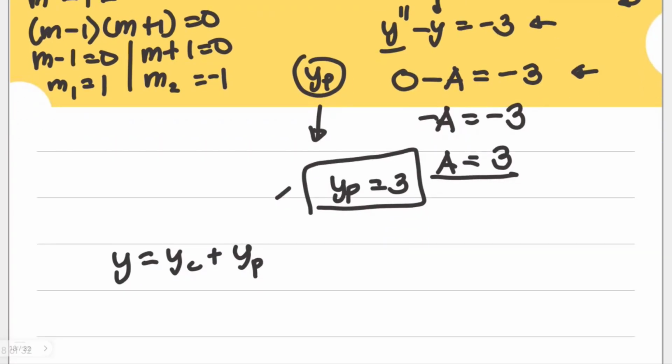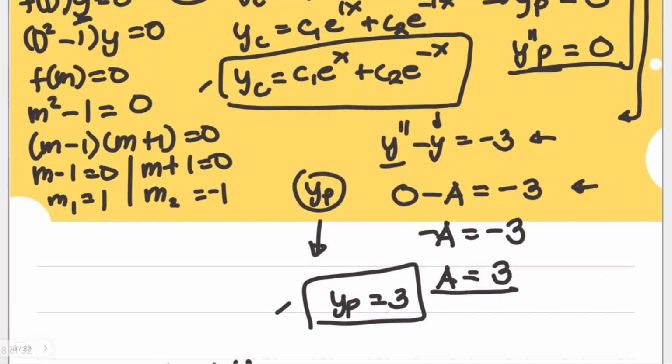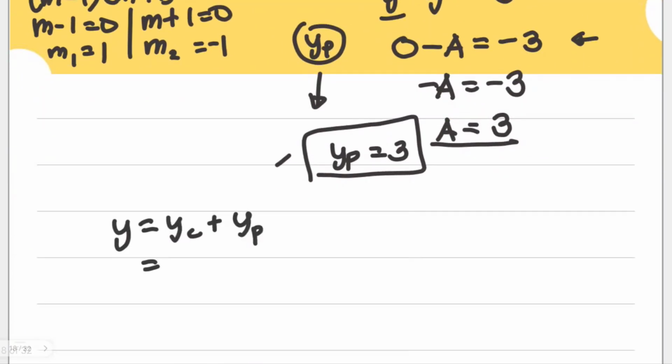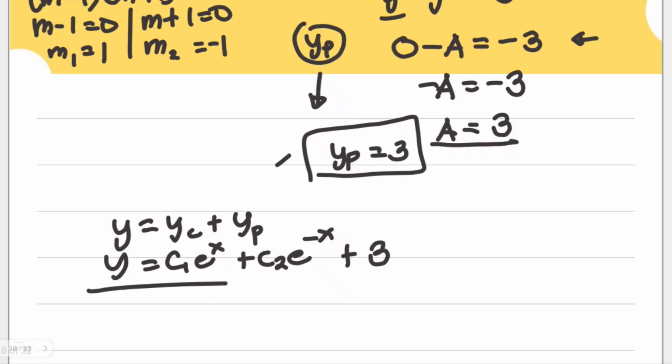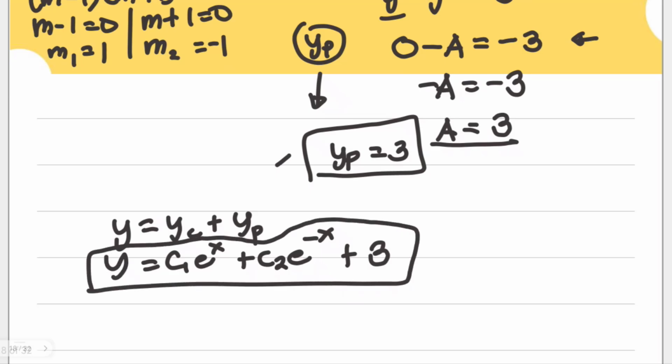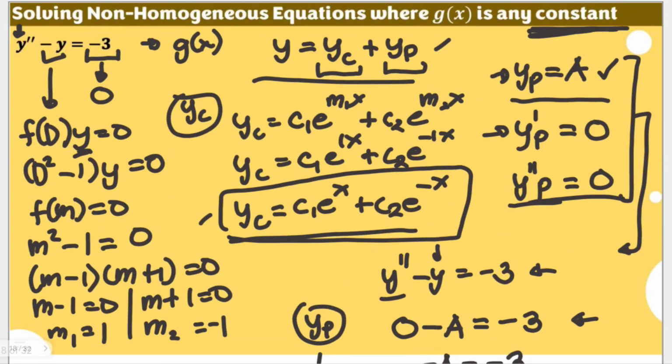So you will have c sub 1 e to the power of x plus c sub 2 e to the power of minus x plus your y sub p, which is just equal to 3. This is the solution of the given equation where it's non-homogeneous and we're able to construct our y sub c and y sub p as they are the components of our general solution.